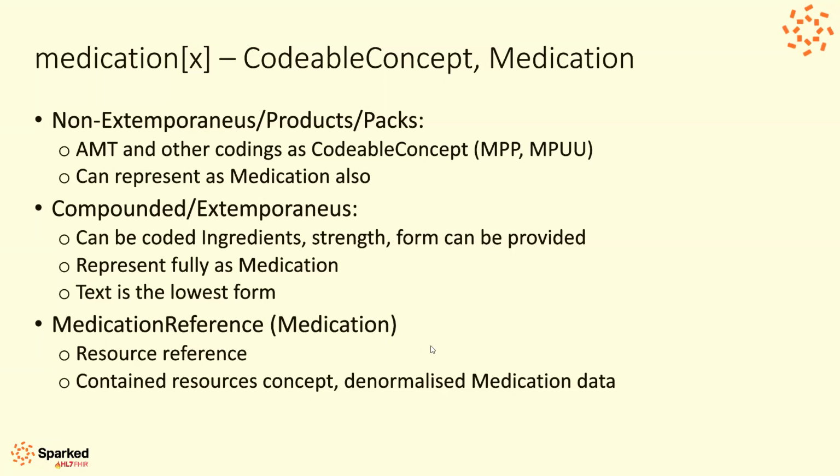When you do have a medication resource in use, it's probably worth noting that it isn't necessarily like a drug database. It's maybe a denormalized kind of medication record that's collected along the way as part of prescribing or dispensing and administering, and effectively it's a way to describe the medication in a particular instance.